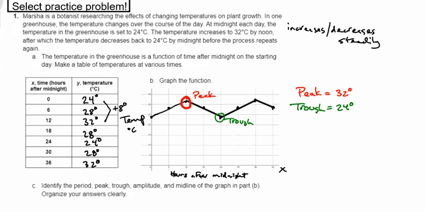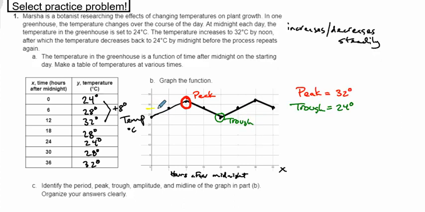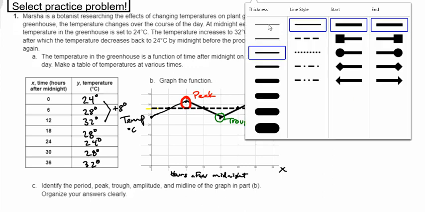Your midline is the one that runs through the middle of it, and if you remember what we were doing, that's at 28. So that's going to be right here, and that's going to be our midline. We'll make this yellow.